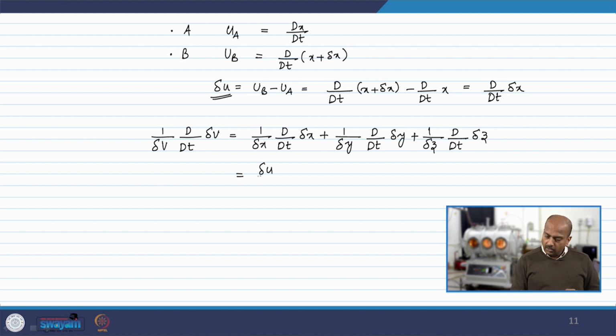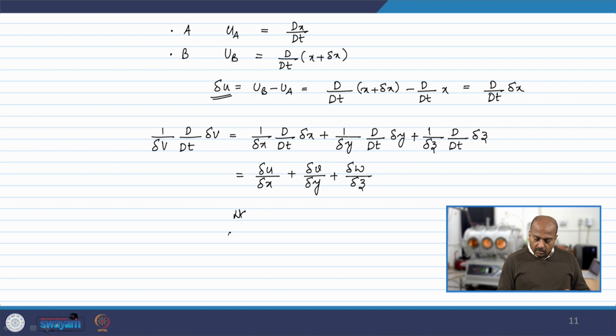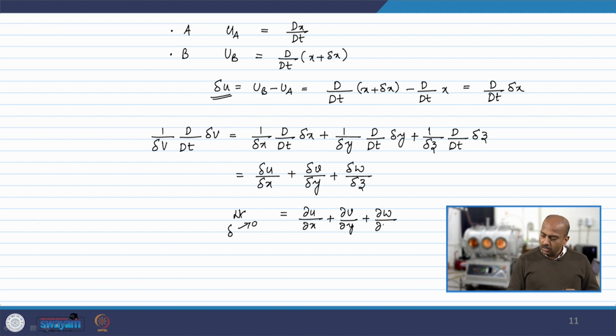So, this is delta u by delta x plus delta v by delta y plus delta w by delta z. And when you say limit delta x or delta y tends to 0, you can write it as dou u by dou x plus dou v by dou y plus dou w by dou z.